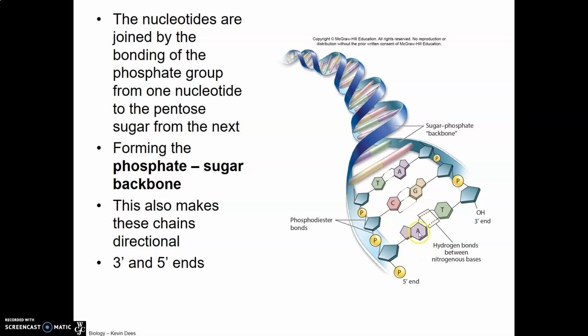The nitrogenous bases, A, C, T, etc., all kind of orient towards the side. And in a molecule of DNA, hydrogen bonding is going to occur between these base pairs, and we'll talk about that in just a second. So remember, these chains of nucleotides are directional because they have a 3' and a 5' end. And this is all related to which carbon is there.